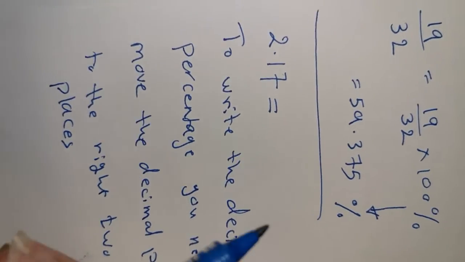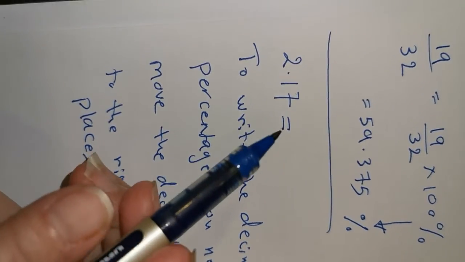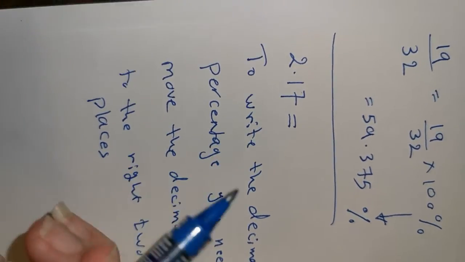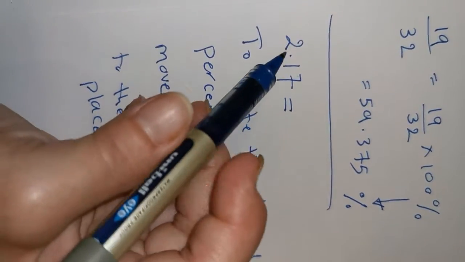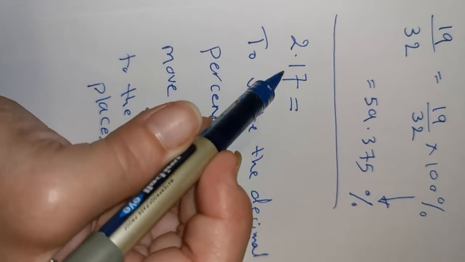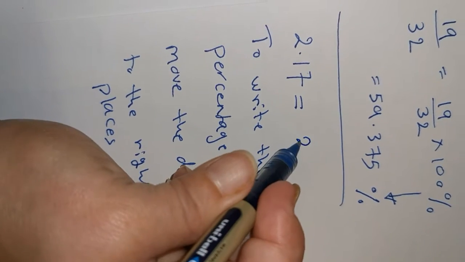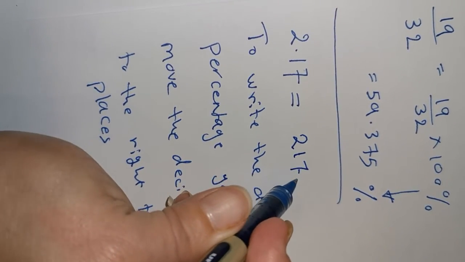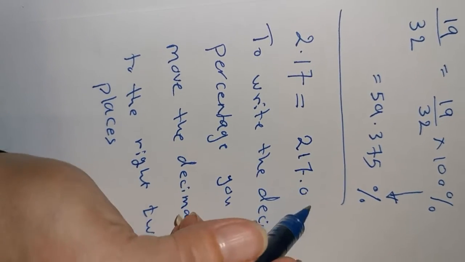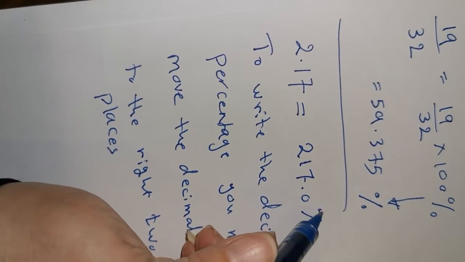If you need to write 2.17 as a percentage, you need to move the decimal point to the right two decimal places. It will be 217.0, which means nothing, 217%.